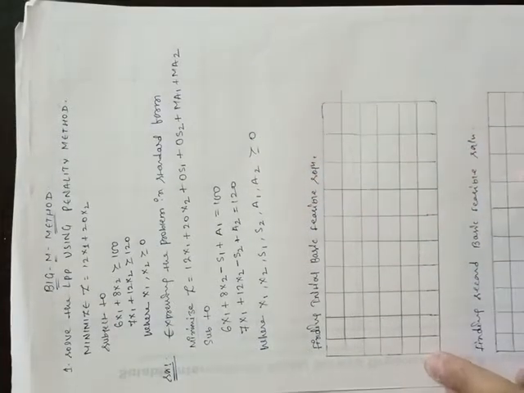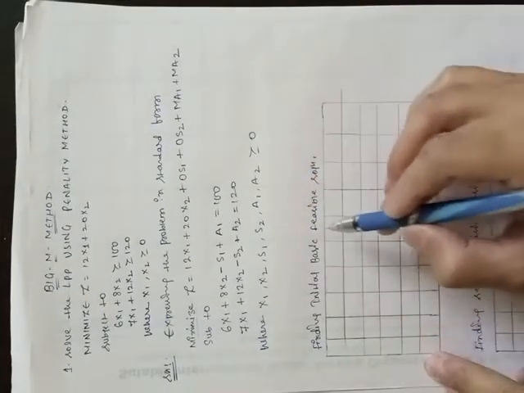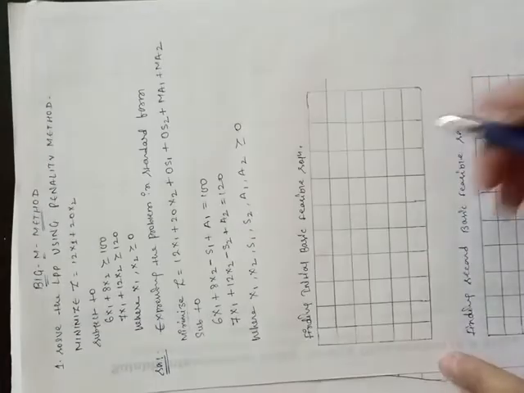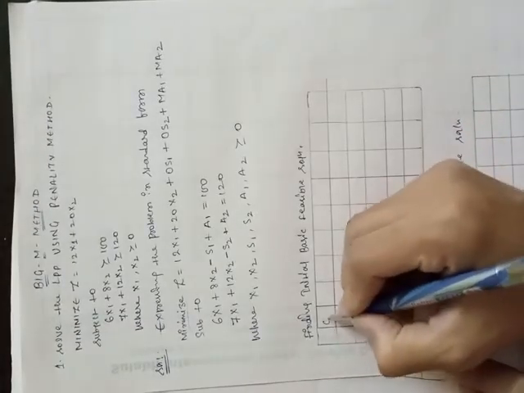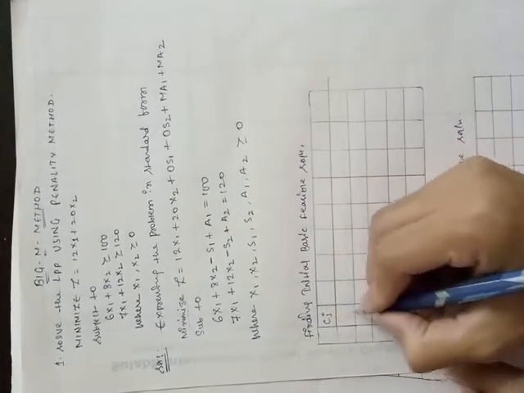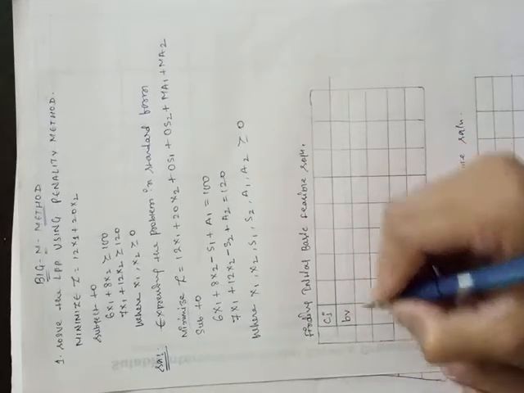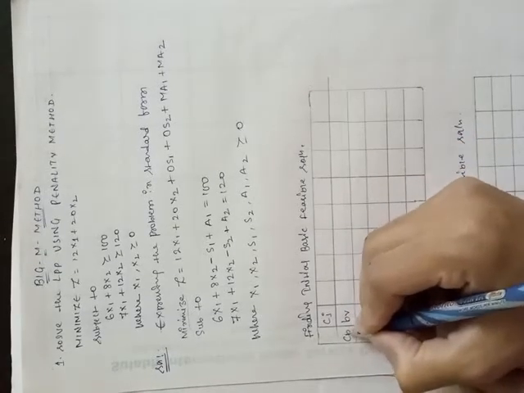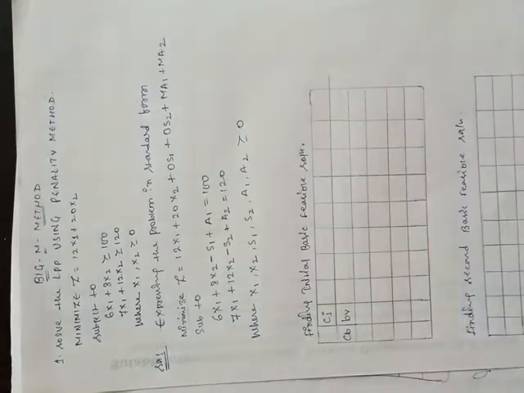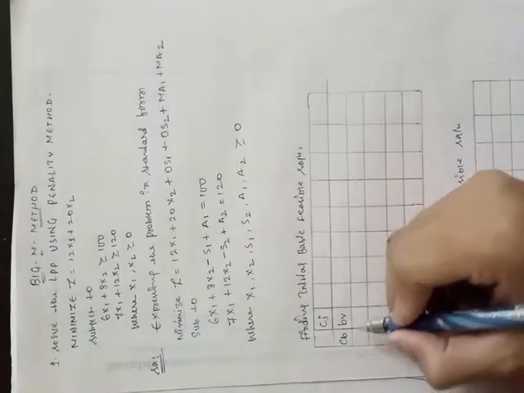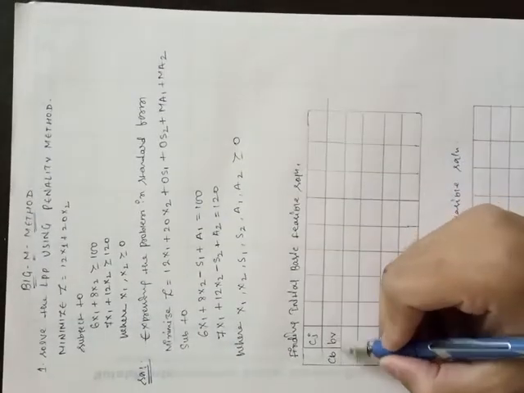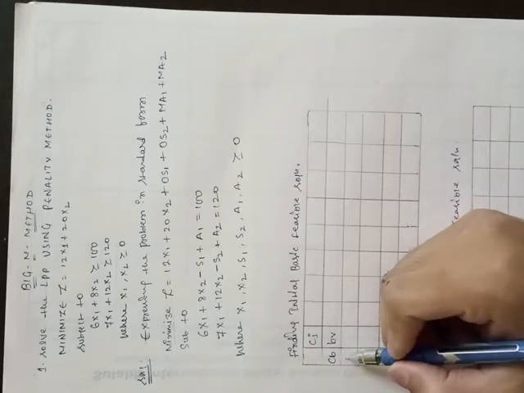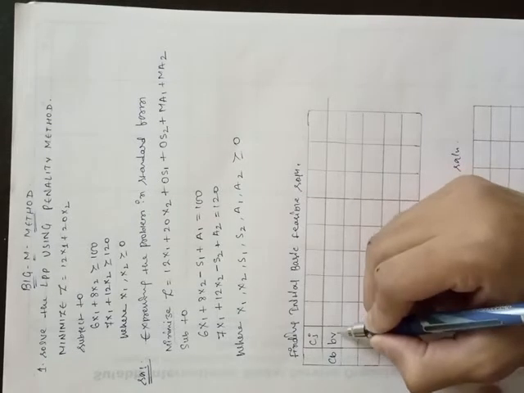Now we find the initial basic feasible solution. Write Cj, BV, CB: the basic variables and their coefficients.